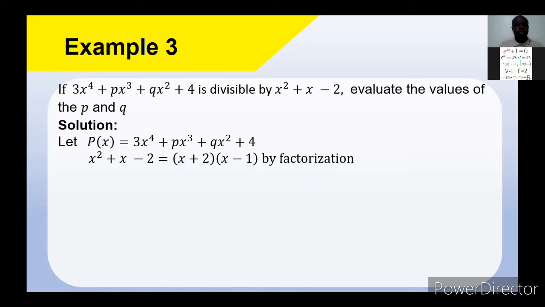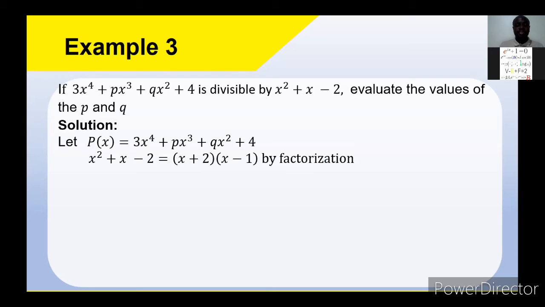So the solution. Let p of x be equal to 3x to the 4th plus px cubed plus qx squared plus 4. The first thing that we should do is to take this trinomial and factor it.